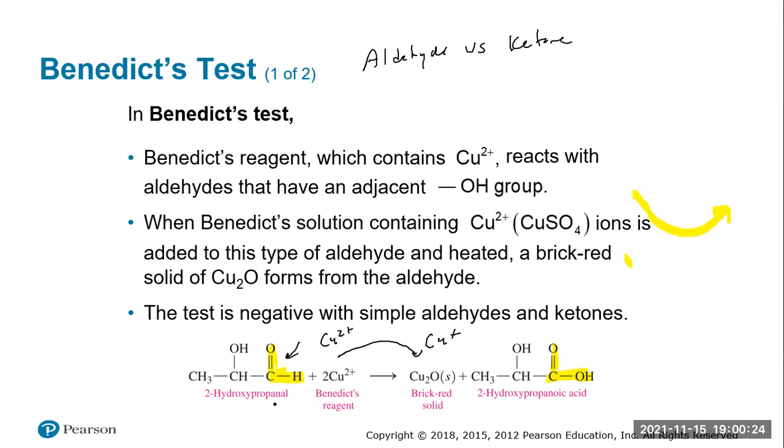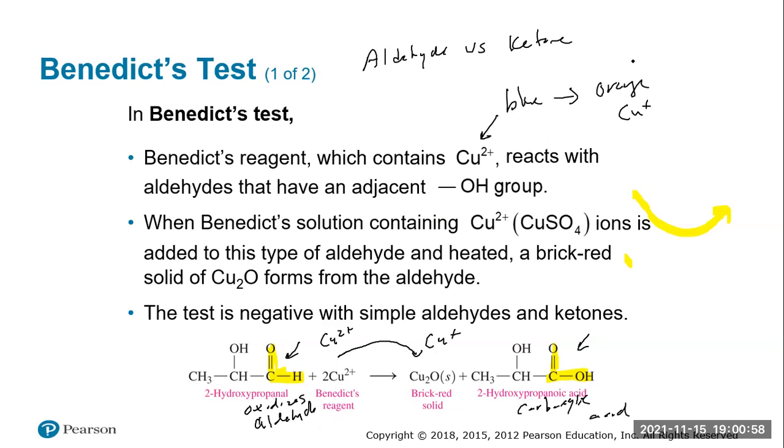It oxidizes our aldehyde, and we get this carboxylic acid that occurs. The copper 2 that we start with is a blue color, and it ends with an orangey, orange-brown, reddish color, which indicates the copper 1 ion has been formed.